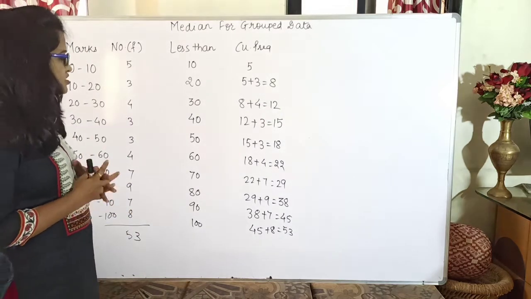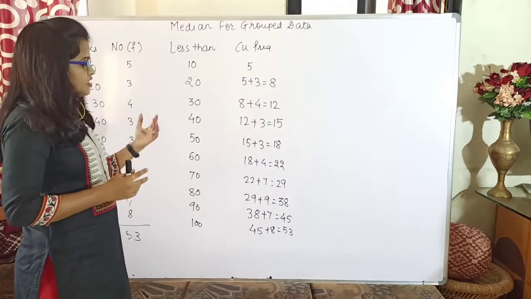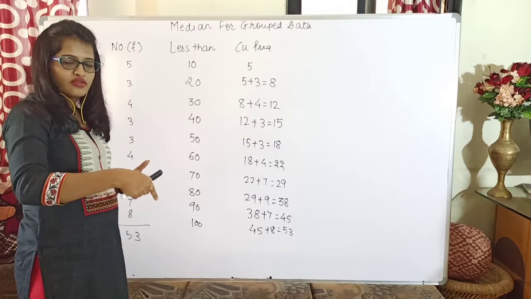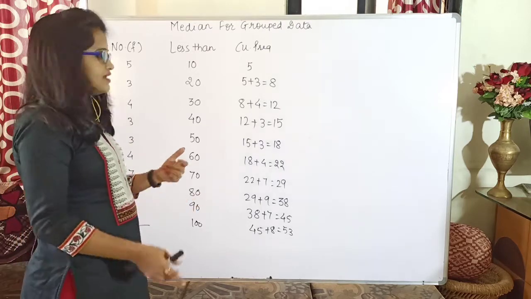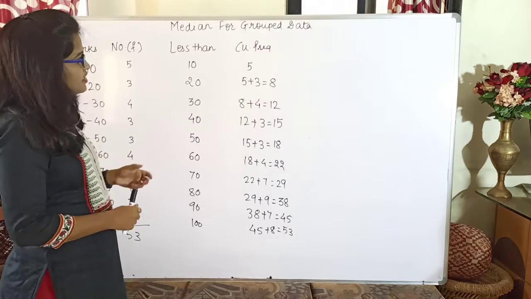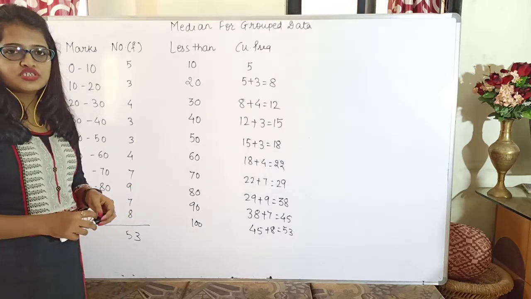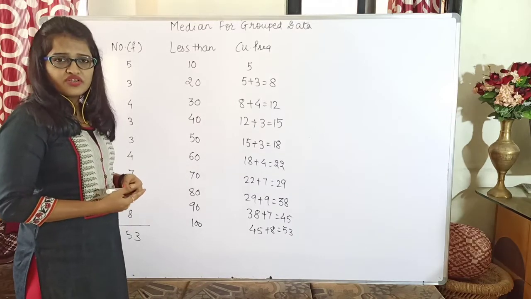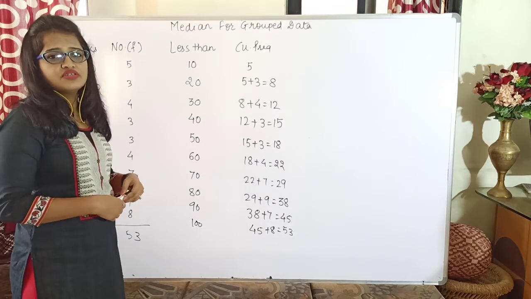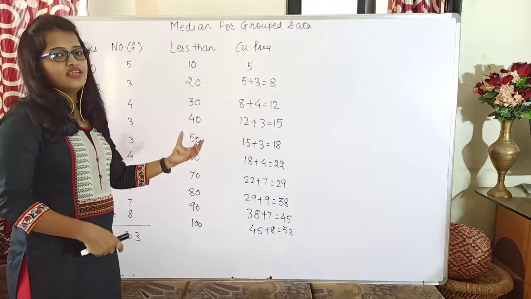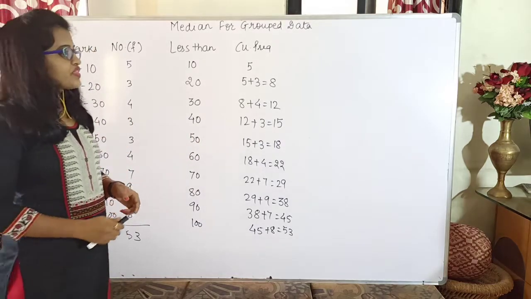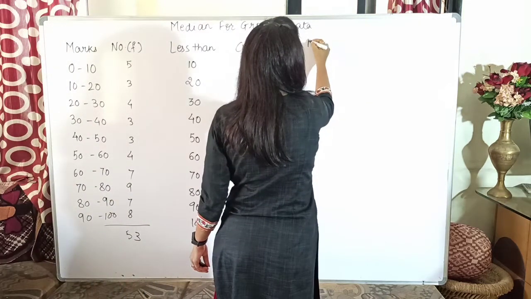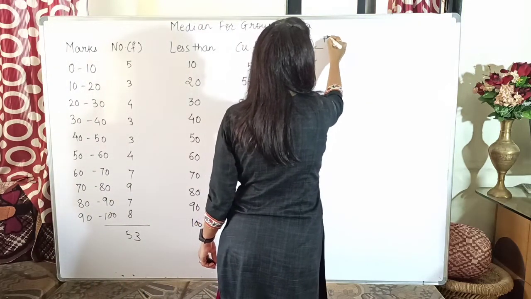Okay, so now this is what we have done. What next? In ungrouped data, directly I knew which is the centralmost position, and then directly I have considered the value. Now similarly here also I have to find the centralmost position. Will it have again the two different ways, like for the odd and for the even? No. When you are dealing with grouped data, the position value will be found by n by 2th position.